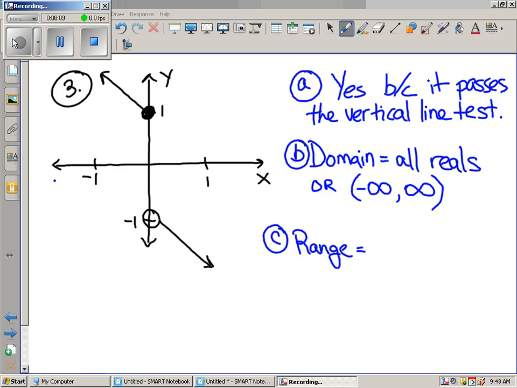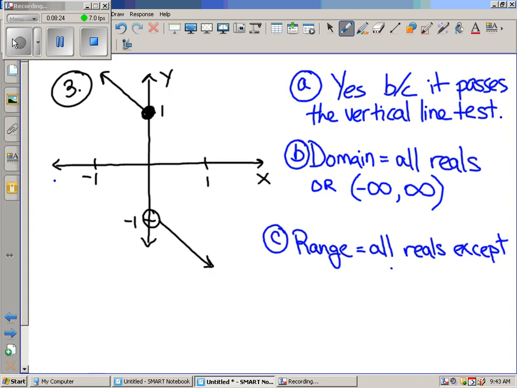So a classmate said, okay, well, one way to describe what the range could be is that it's all the reals except the x values between, let's see, less than 1 and greater than or equal to negative 1. And that's one way to describe it. All the reals except for the x values between 1 and negative 1. Ooh, not the x values. We made a mistake. The y values, because the range is always the y values.